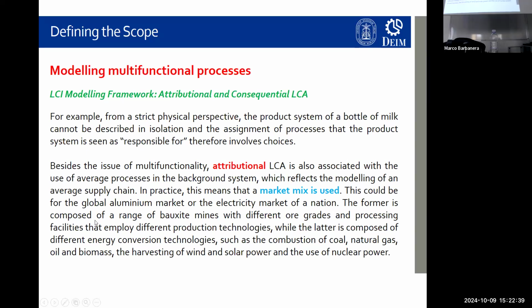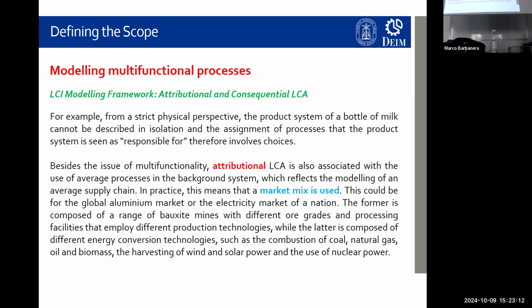The former is composed of a range of bauxite mines with different ore grades and processing facilities that employ different production technologies. And so in the database, we can find a process for the global aluminum production that is an average of different technologies for the production of aluminum. Okay, so the same for electricity.